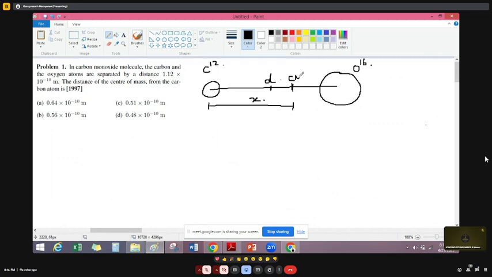So this is your center of mass. Very simple, m RCM is equal to m1 r1 plus m2 r2. I know that carbon atom has got 6 protons and 6 neutrons, which means total 12. So the atomic mass unit will be 12u, not kg, and then this will be 16u.